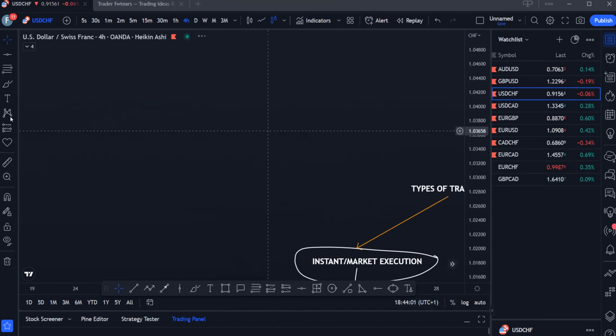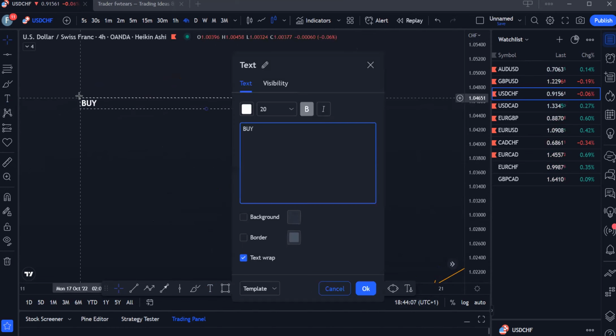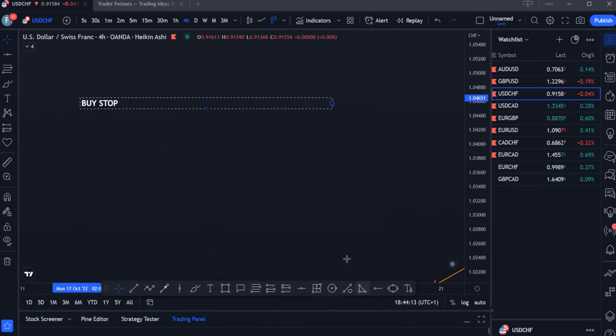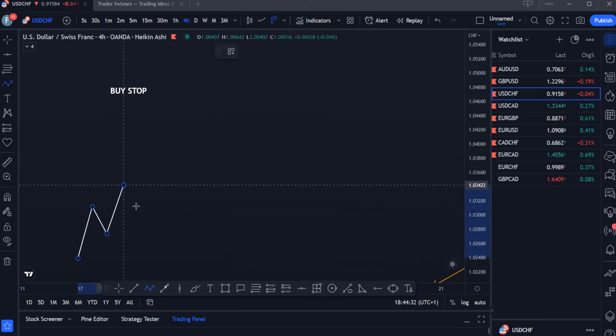Let's talk about buy stop. At what point do you use buy stop? At what point do you use sell stop? Very simple. I'll take it very slowly so that we understand this concept. So buy stop. Let's say we have price going up like so.